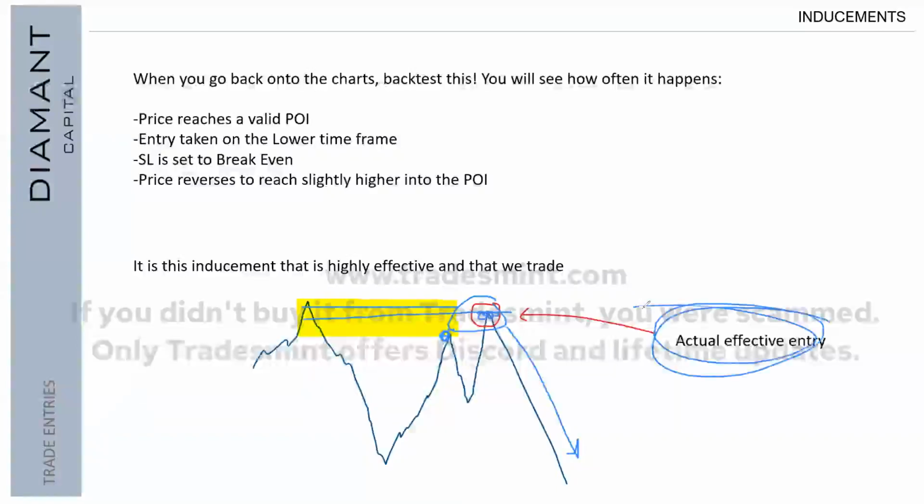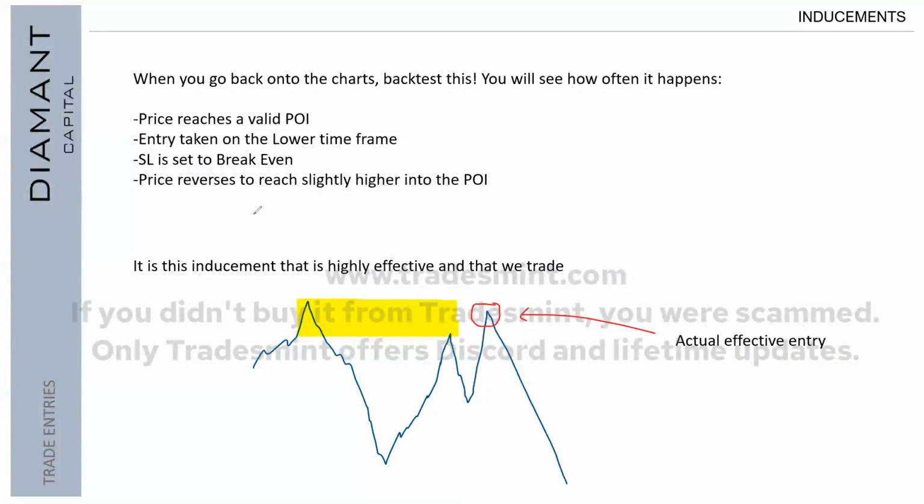Now that is what you call an effective entry. Please backtest this, have a look at it, see how it works, because it's one of the most effective things you can employ into your strategy.